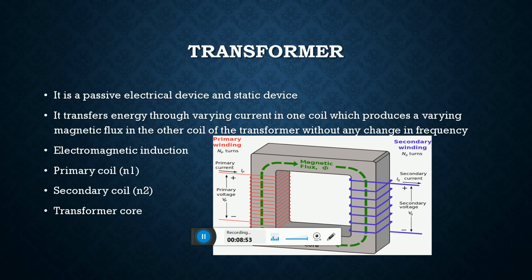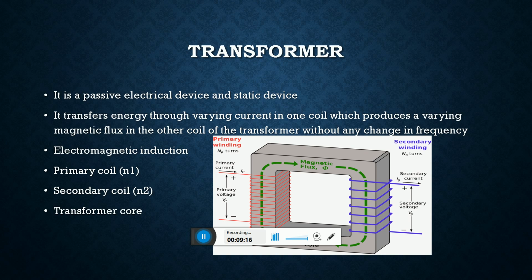As you see in DC motors, the coil rotates to produce electricity or transfer energy. In this, the energy transfer takes place through varying current in one coil, which produces a varying magnetic field in the other coil of the transformer without any change in the frequency.